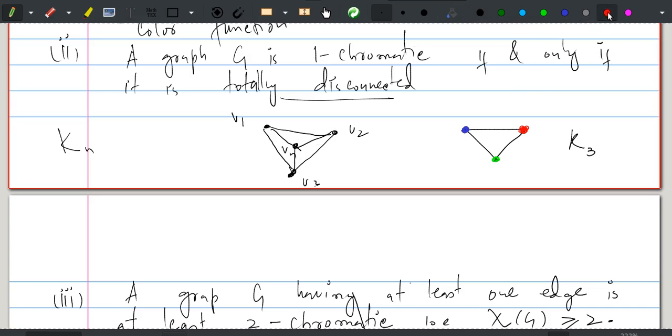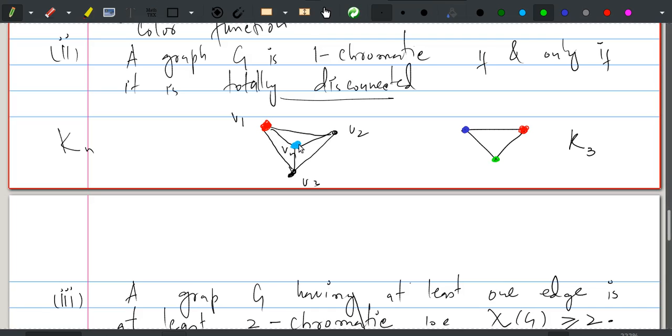Now let us color this graph. Let us choose a red color here. Now we cannot color this vertex with red color since v1 and v4 are adjacent. So let us color this vertex with cyan color. Now let us paint this vertex.